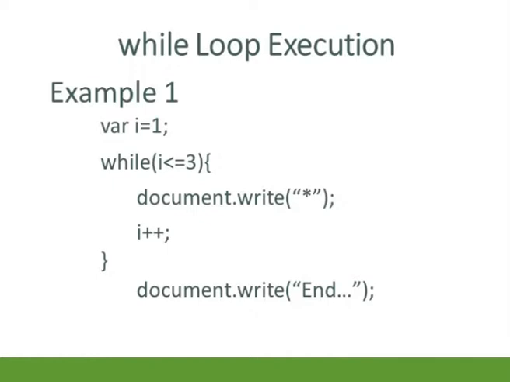The first statement that we have is document.write star and then I++. These two statements will repeatedly execute as long as the condition remains true. When the condition becomes false, the body of the loop will not execute and the execution starts after the while loop. In our case, the statement that will execute is the document.write end.